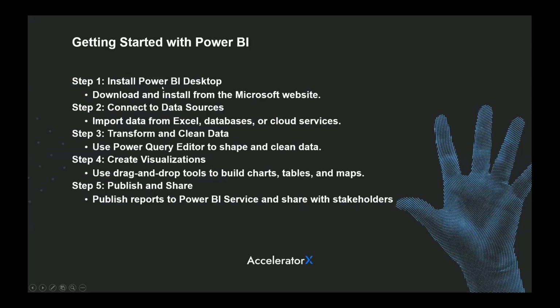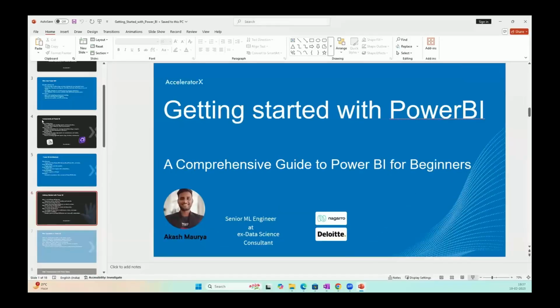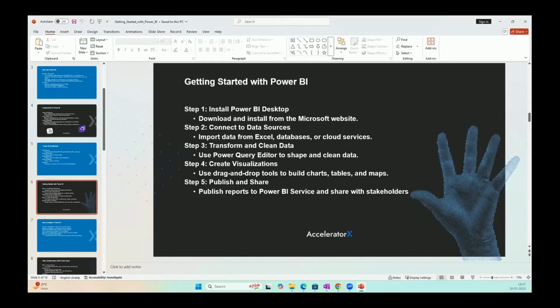How do you get started with that? So let me give you a quick walkthrough of how you get started with Power BI Desktop. Let me show you how you can actually get started.